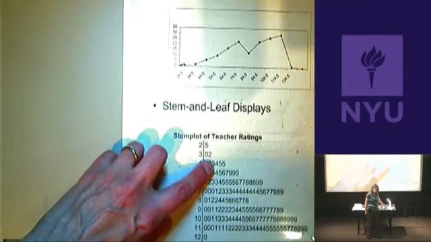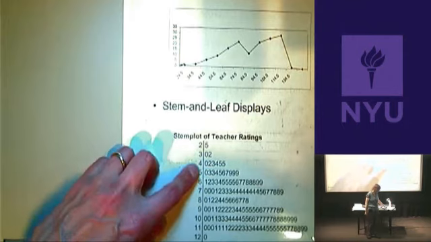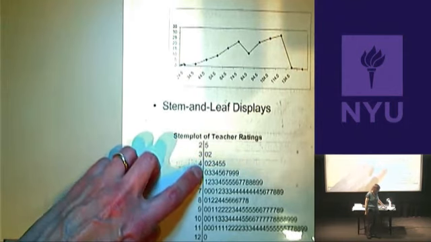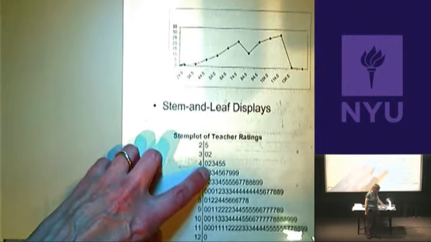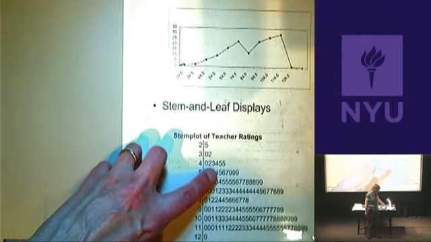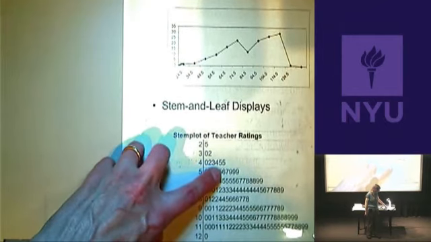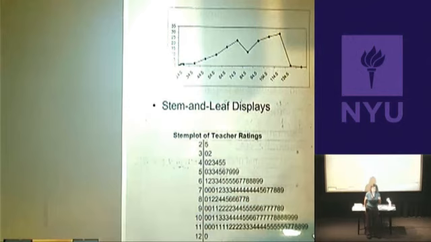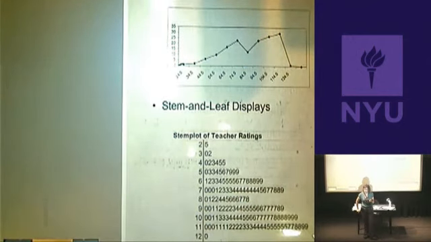In the 4 row, we have one kid scored a 40, one kid scored a 42, one kid scored a 43, one kid scored a 44, and there are 2 45s. So do you see what this is? We get to keep every single individual score right there. No data are lost.